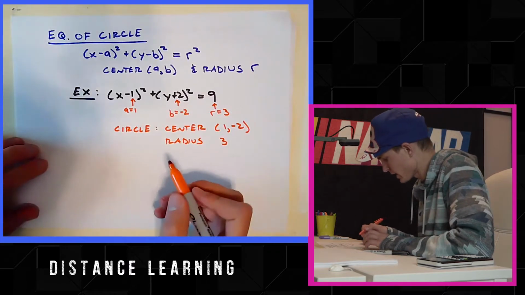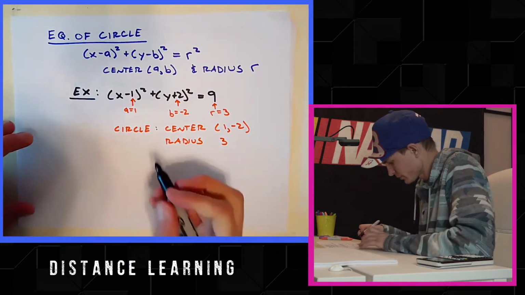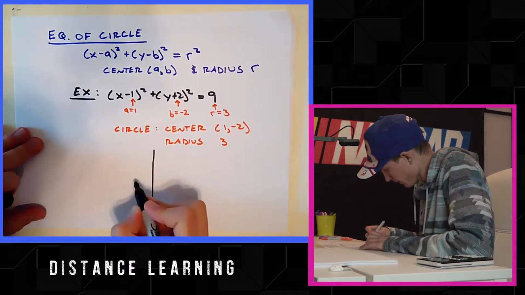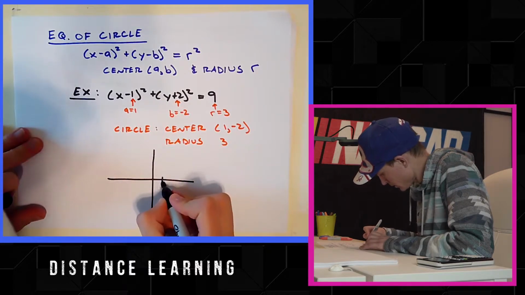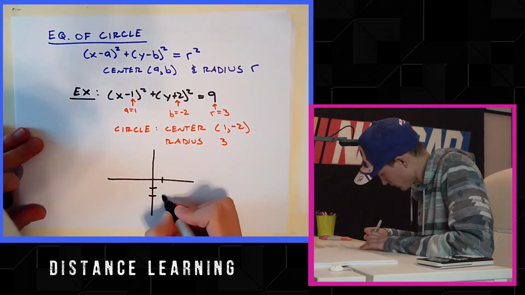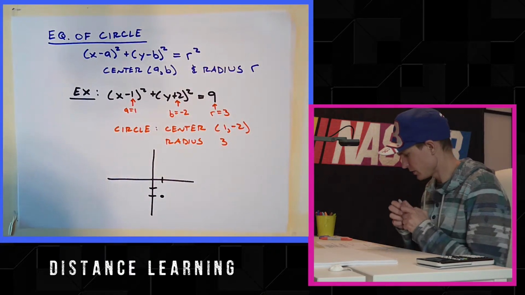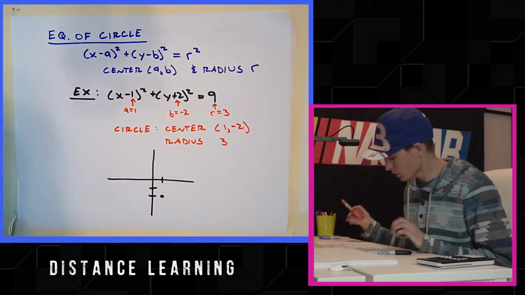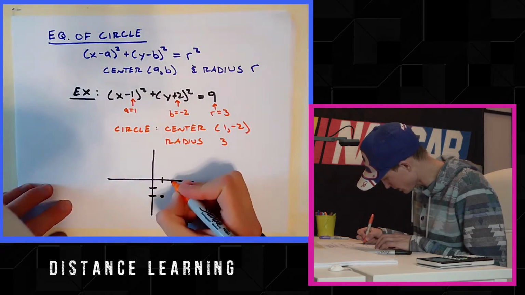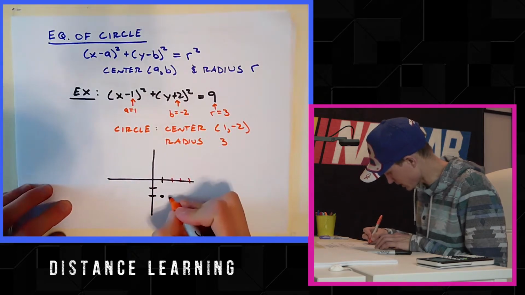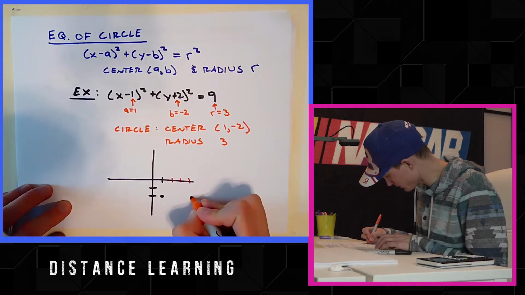So if we do a quick sketch, let's see, (1, negative 2), the center would be right there, right? And then I like to do the lazy man circle, which means radius of 3, which means I would go over 1, 2, 3, put a dot.